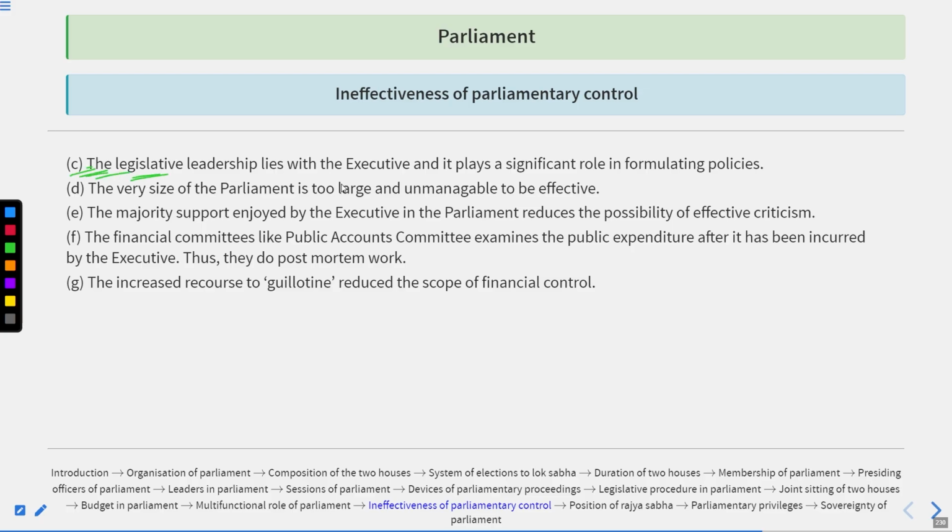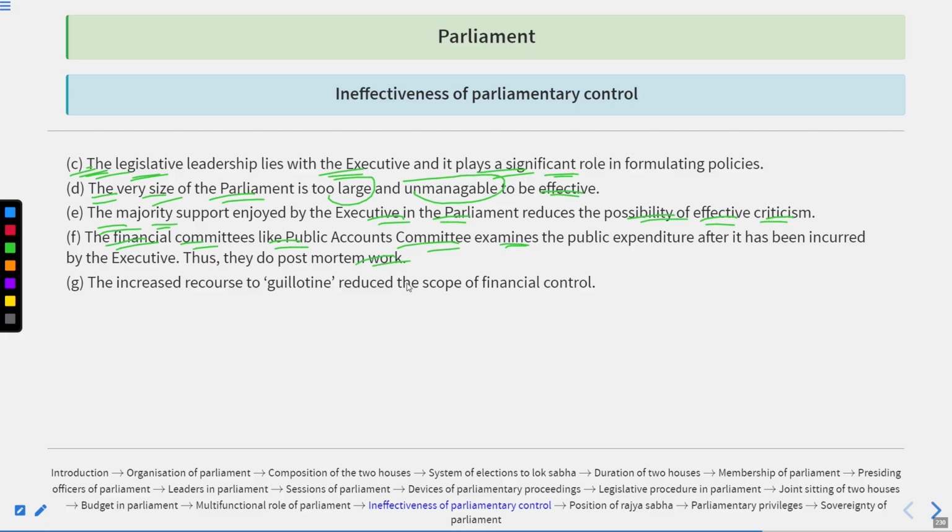The legislative leadership lies with the executive, which plays a significant role in formulating the policies. The very size of parliament is too large and unmanageable to be effective. Majority support enjoyed by the executive in the parliament reduces the possibility of effective criticism. The financial committees like the Public Accounts Committee examine the public expenditure after it has been incurred by the executive.